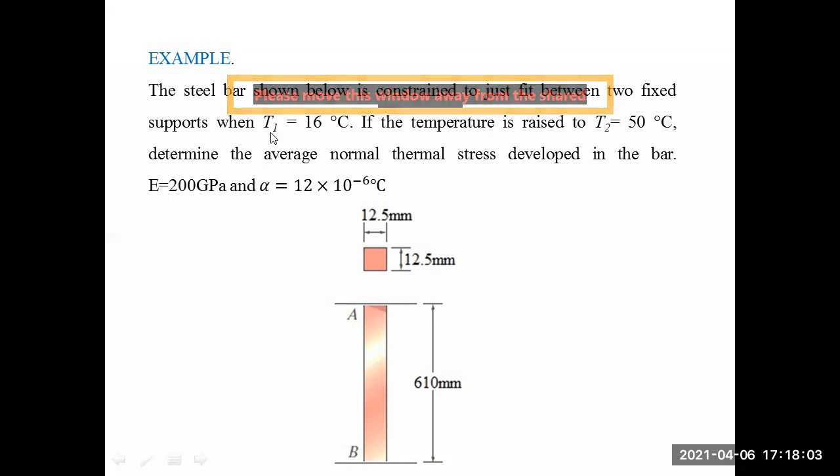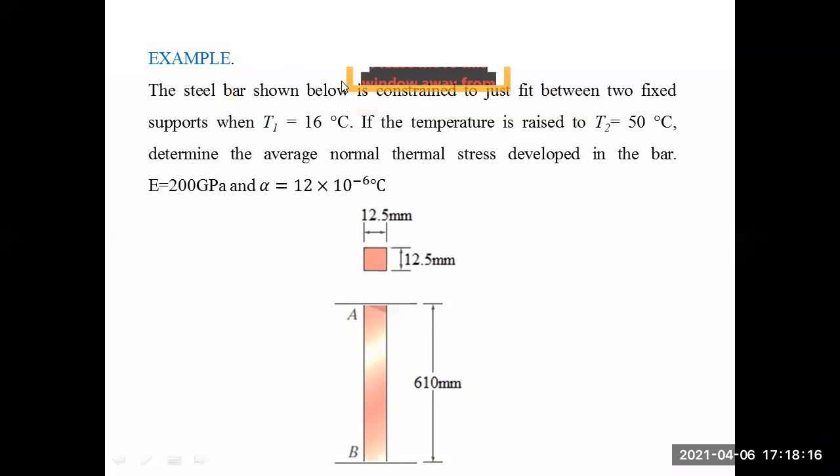The initial temperature is 16 degrees Celsius. If the temperature is raised to T2, 50 degrees Celsius, determine the average normal stress. So what is needed is sigma, the normal stress developed in the bar, knowing that the modulus of elasticity is 200 gigapascal, and the coefficient given is 12 times 10 to the power negative 6 per degree Celsius.